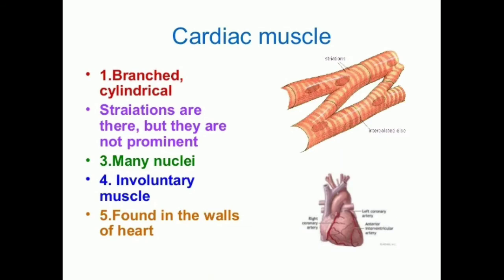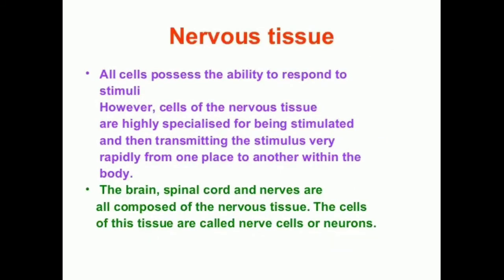The last type of tissue is the nervous tissue. Nervous tissue helps to carry messages from one part of the body to the other and responds to the stimuli. Stimuli means any external factor that makes us respond. For example, if we touch a hot pan, we will withdraw our hands.